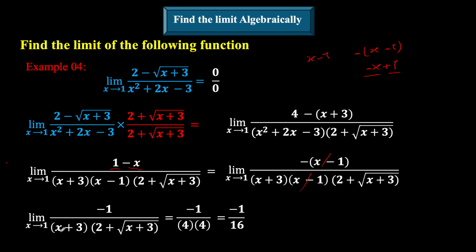So we substitute each x by 1. So we take 1 plus 3 is equal to 4. Then here we have 1 plus 3 is equal to 4, the square root of 4 is equal to the number 2, 2 plus 2 is equal to 4. So finally we get minus 1 over 16. Okay?